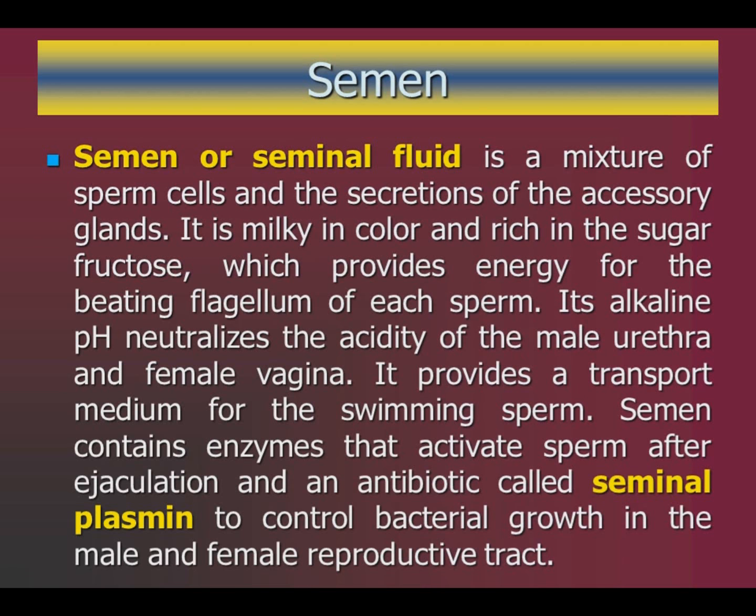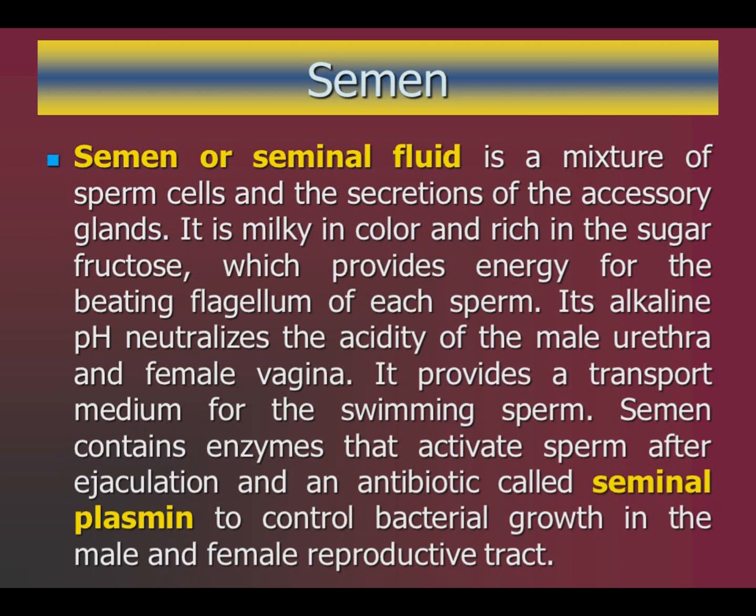Semen, also known as seminal fluid, is a mixture of sperm cells and the secretions of the seminal vesicles, the prostate, and the bulbourethral glands. The fluid is milky in color and sticky, due to the fructose sugar that provides the energy for the beating flagellum of each sperm cell.